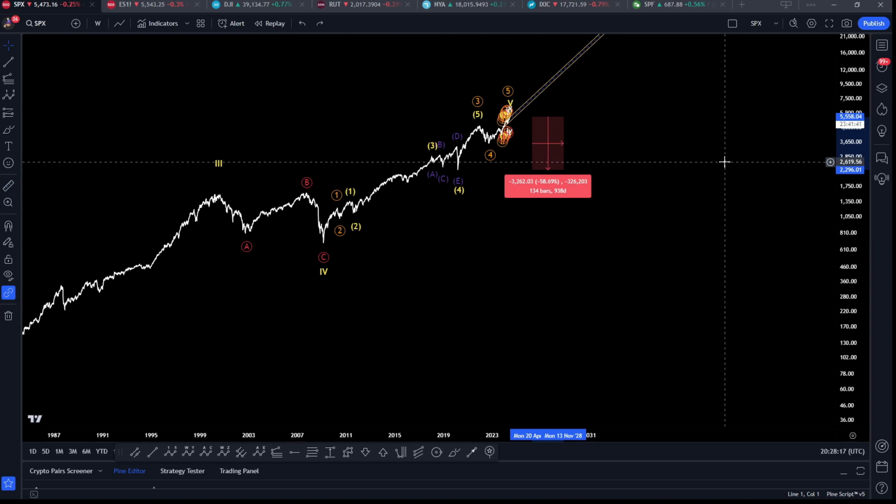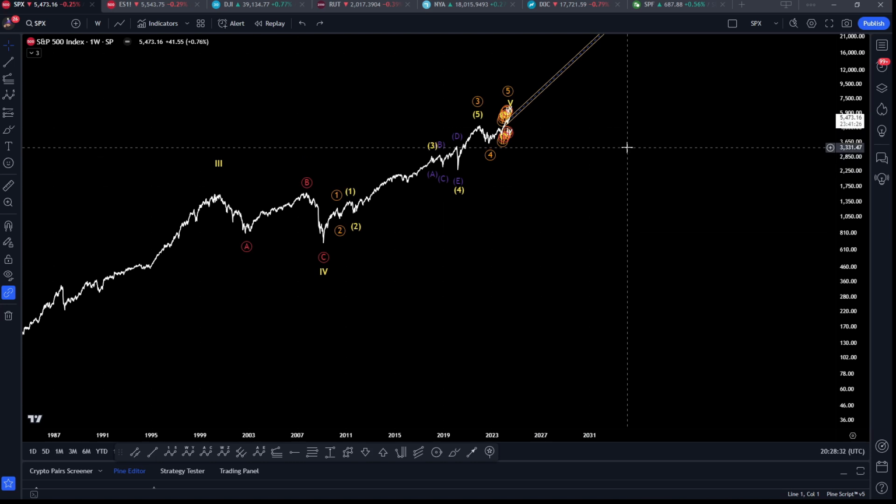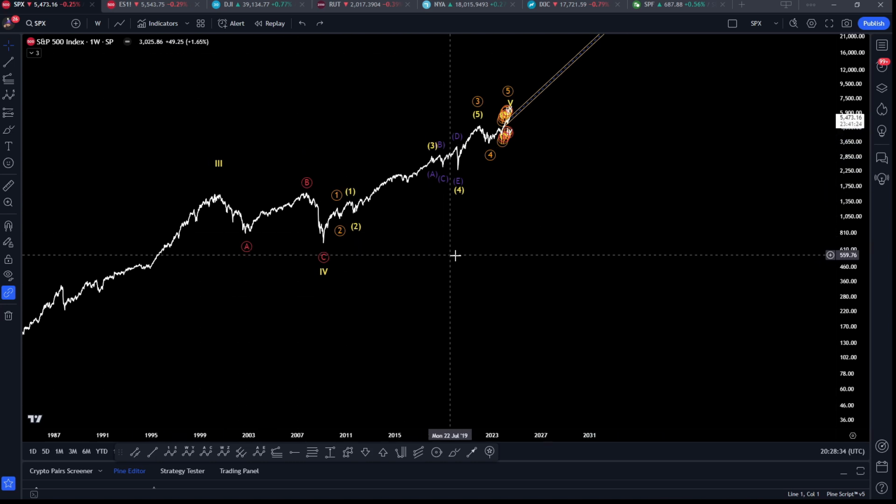This is not small potatoes, guys. This is not insignificant. And there is potential for larger.